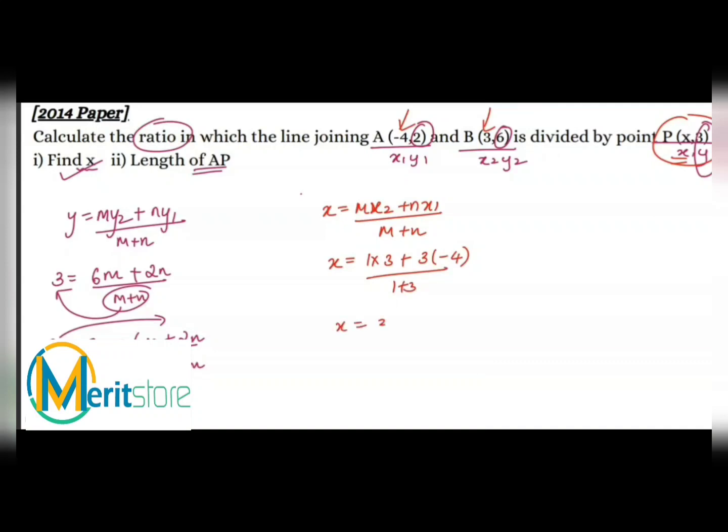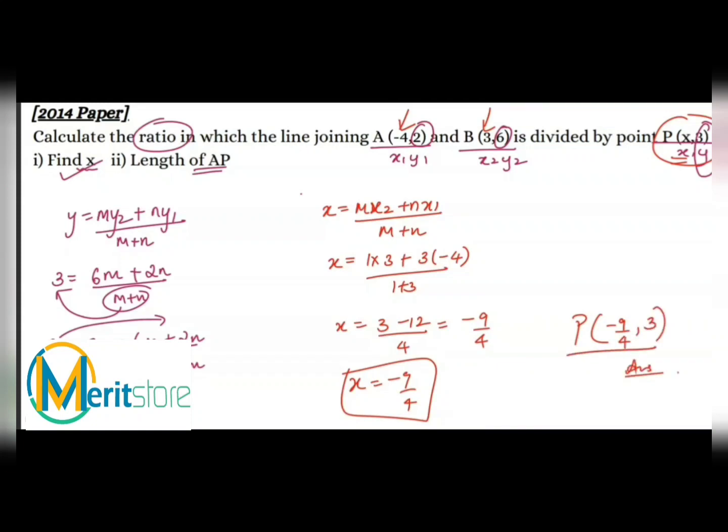So x is equal to 3 minus 12 upon 4. That gives me minus 9 upon 4. x is equal to minus 9 upon 4. So here the coordinate for P is (-9/4, 3). That's the first part of the answer.